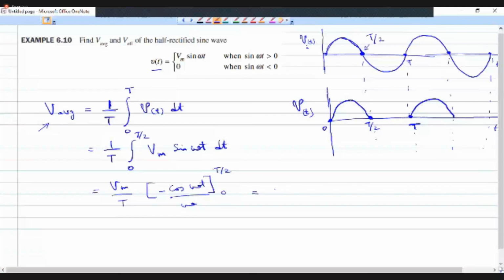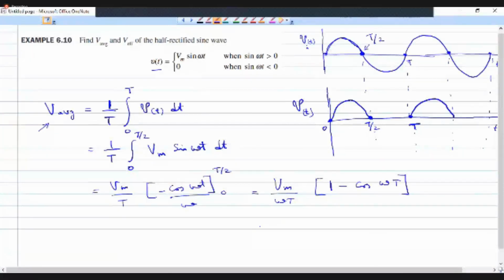So this will be Vm by omega T. Either you can absorb this minus and subtract the lower limit minus upper limit. That is what I am going to do here. So lower limit is cos of 0, which is 1, minus cos of omega into T. Okay, after applying the limits of the integral.